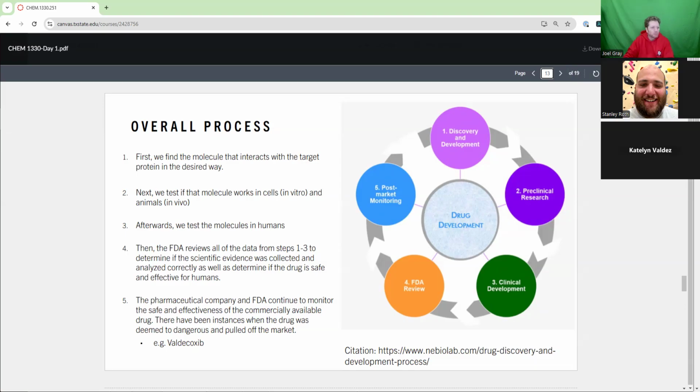Yes, post-market. So I'd have all of these different options: discovery and development, preclinical, clinical, FDA review, and post-market monitoring. Those would all be on there as options. And then you'd select, well, you use the clue of the pharmaceutical company and the FDA. Those two have approved this drug and they're going to monitor how safe and how effective it is.